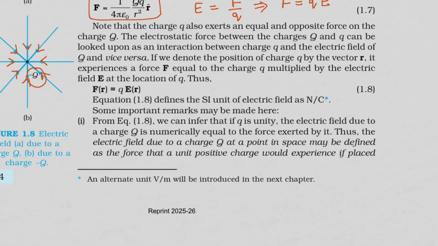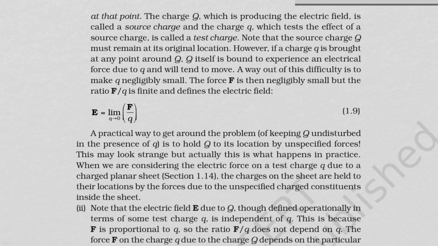Now let us do the definition. The definition of electric field is something like this. Electric field due to a charge capital Q at a point in space may be defined as the force that a unit positive charge would experience if placed at that point.